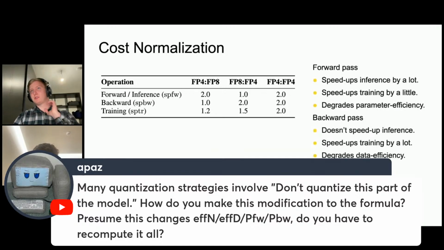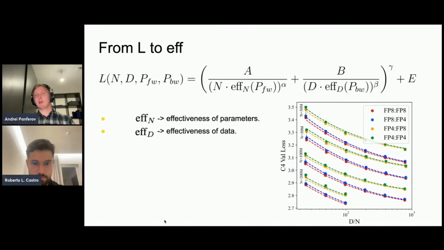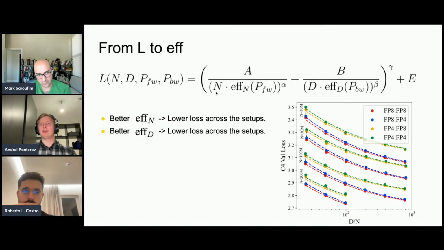Okay, so this is about maybe even neural architecture search, where you're trying to come up with smarter strategies for quantization, like not quantizing certain parts, or quantizing but to higher precision. In general, I would say it can probably still be described by the same scaling law. If your training setup is consistent, it can still produce consistent losses, meaning it can still be fit with the scaling law.